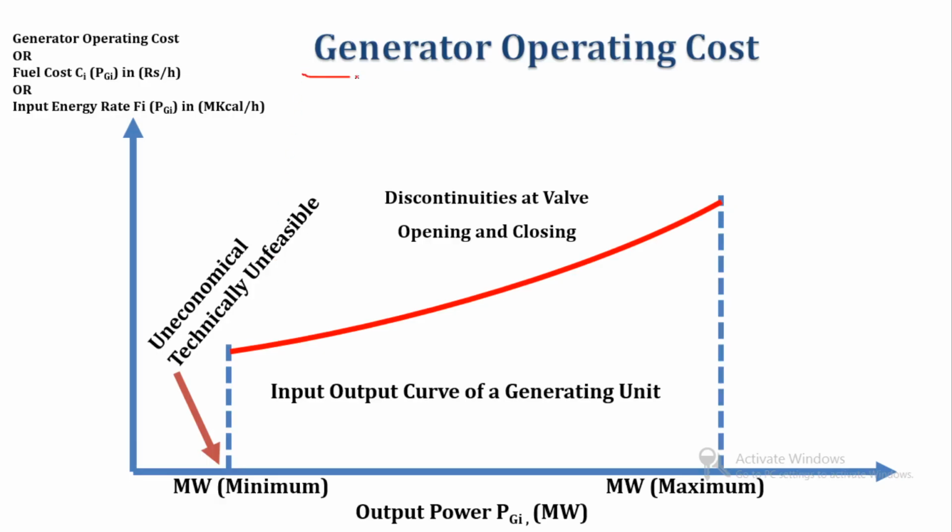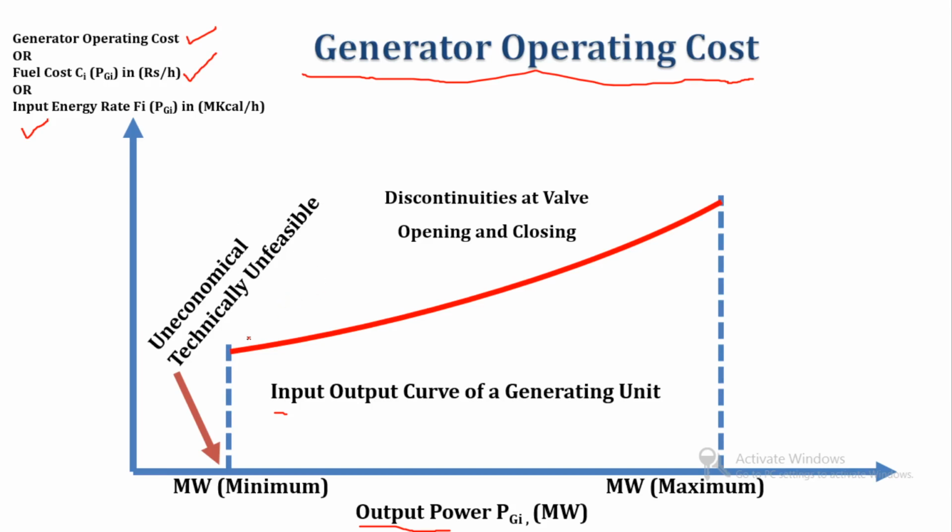So we will continue our topic, that is the generator operating cost. In this graph I have shown the characteristics of output power versus generator operating cost, or we can say fuel cost or input energy rate.